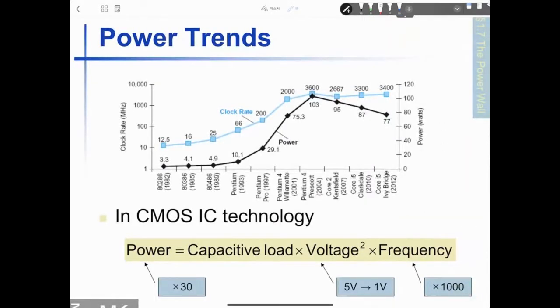Okay, so now we are looking at the power trend. As I mentioned, CPU time is proportional to the cycle, right? Which is 1 over clock frequency.